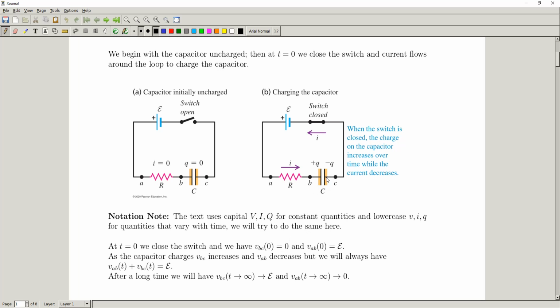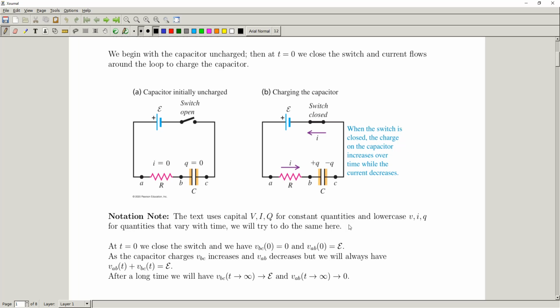Because there's no charge built up, and so there's going to be no potential difference across BC. And at the moment that we close the switch, we're going to have a potential difference across our resistor, v_AB, equal to the potential difference across our EMF source. Okay, so we're going to have a v_AB at time 0 equal to the value of our EMF. Okay.